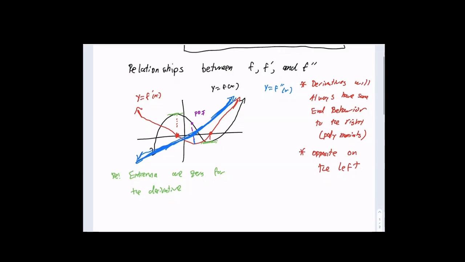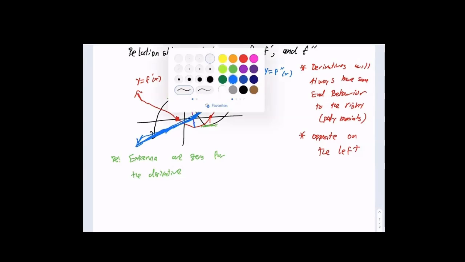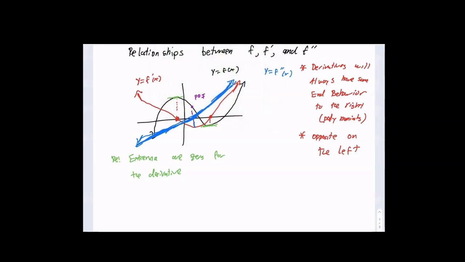Now, we can also talk about the degrees and turning points. For polynomials, and this is a very big kicker here, for polynomials, degrees decrease by 1 for each derivative.